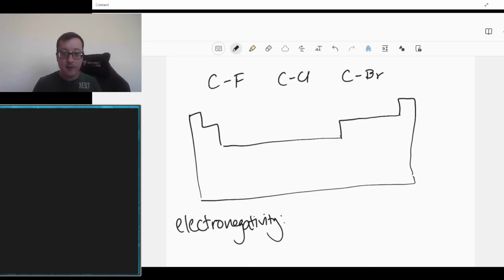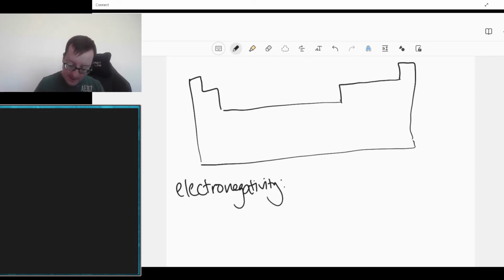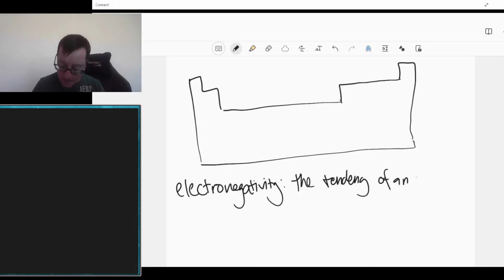And it's similar to electron affinity, but we're going to see that it's actually better defined as the tendency of an atom to kind of, what's the best word to describe this?